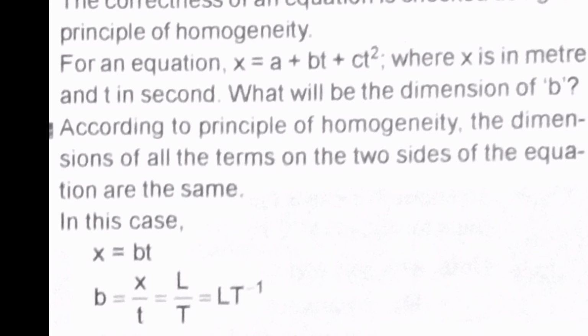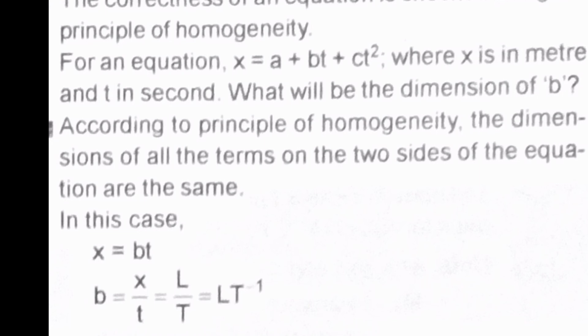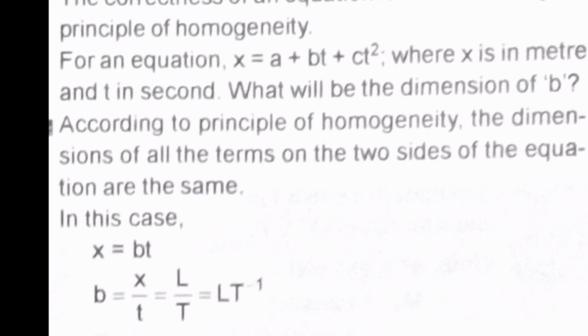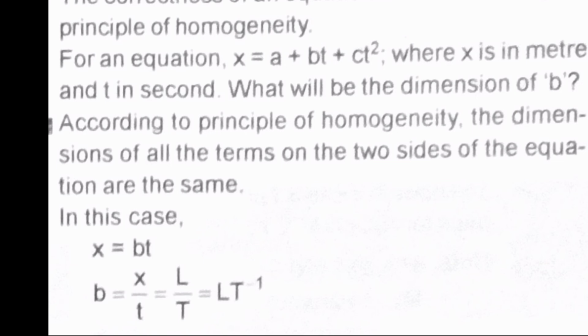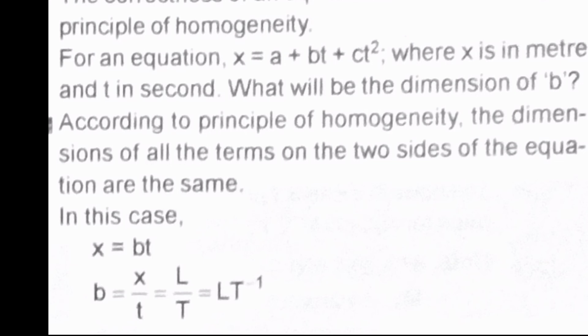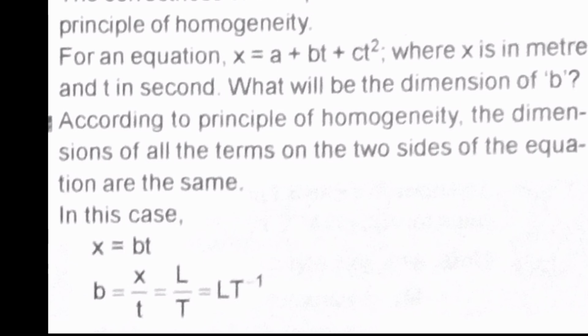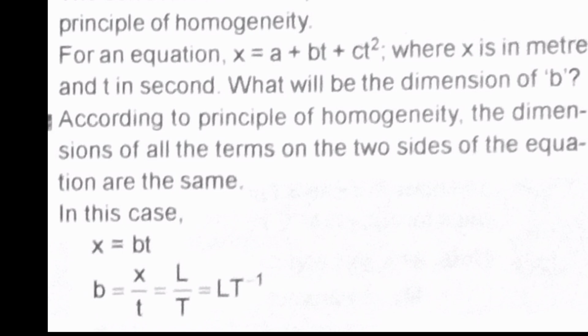So only that term we can consider. So bt will be equal to the LHS. So what is coming in LHS? That is x. So x is equal to bt. Also it is given that x is measured in meter. That means x is a length, and t is in seconds, means t is time, right?